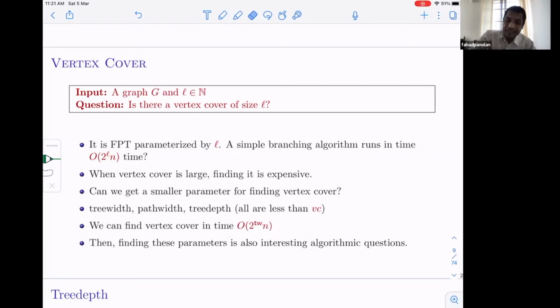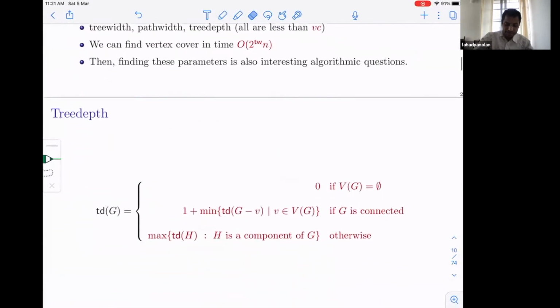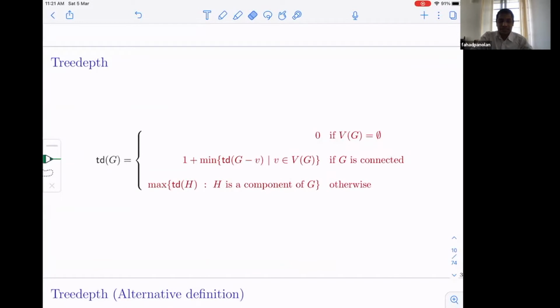Now I will define tree depth formally in the next slide. We have seen it yesterday as well. I will give you first a recursive definition. The recursive definition of tree depth is as follows. If the graph is empty, so there is no vertex, then it is 0.